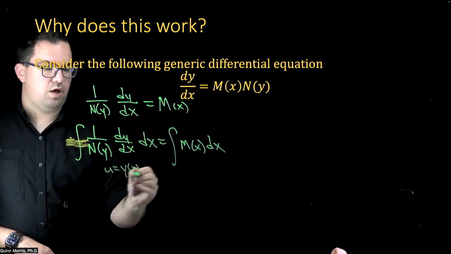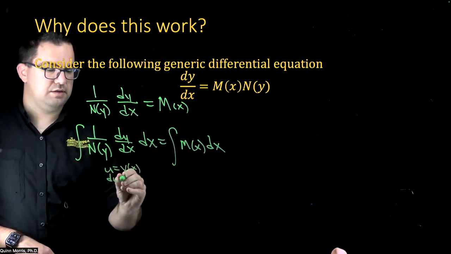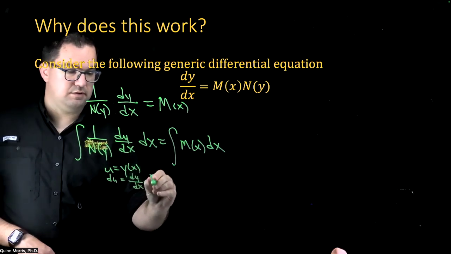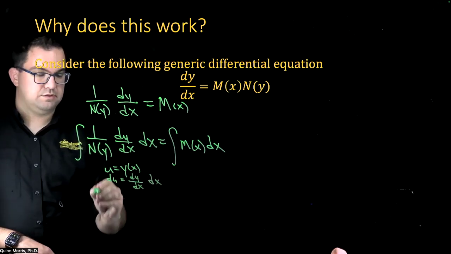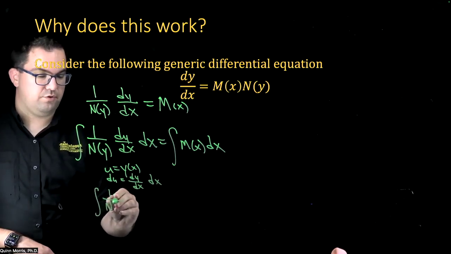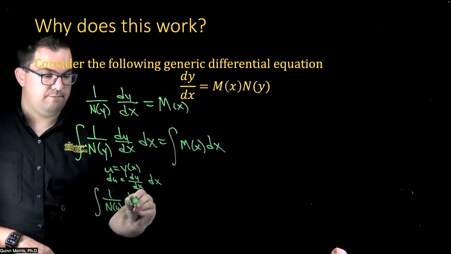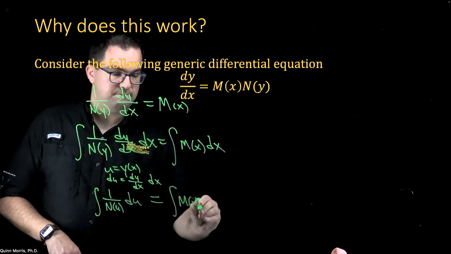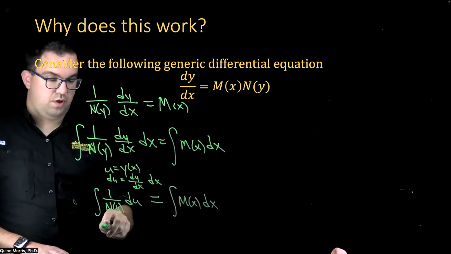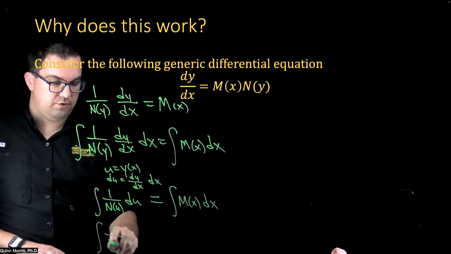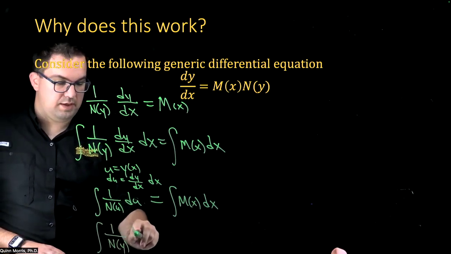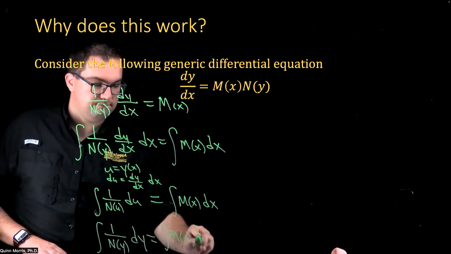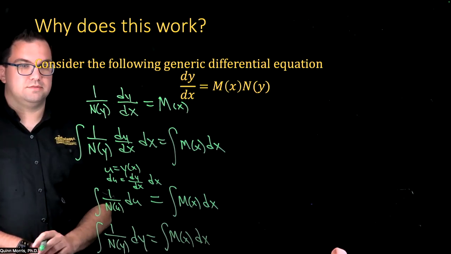So if u is equal to y of x, then du is equal to dy dx dx. And so this becomes the integral of 1 over n of u du. But again, u was just y, so I could just as well write 1 over n of y dy is equal to this. Okay.